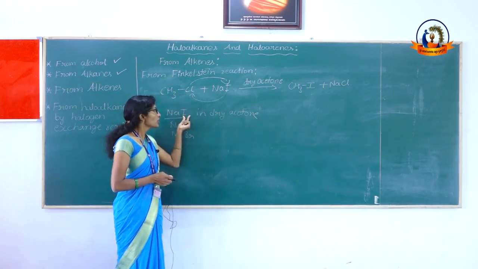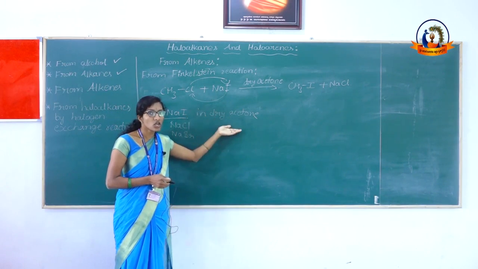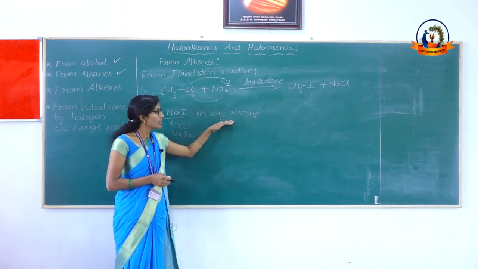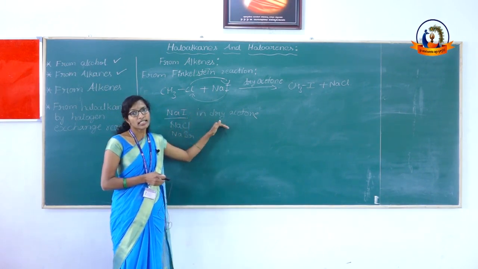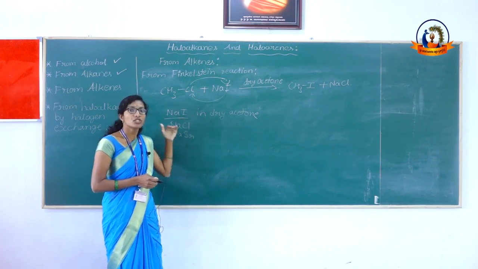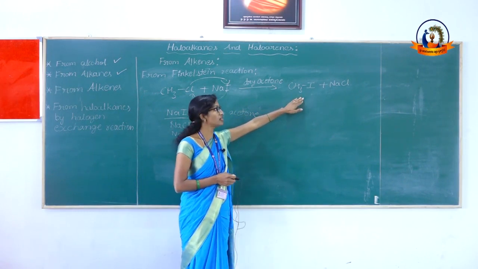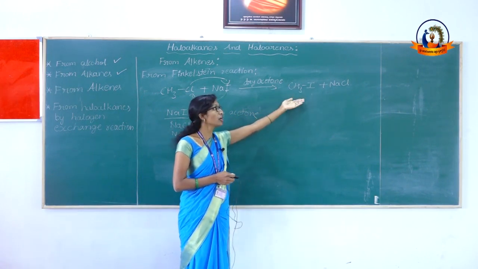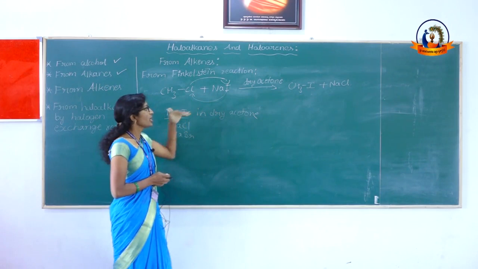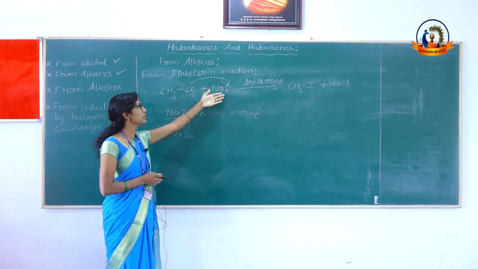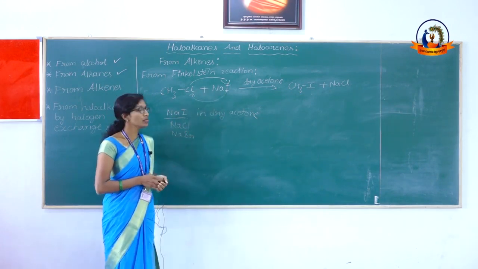In that case, according to Le Chatelier's principle, the equilibrium shifts to the right side and forms alkyl iodide as the major product. That's why we use sodium iodide in the place of sodium chloride or sodium bromide.